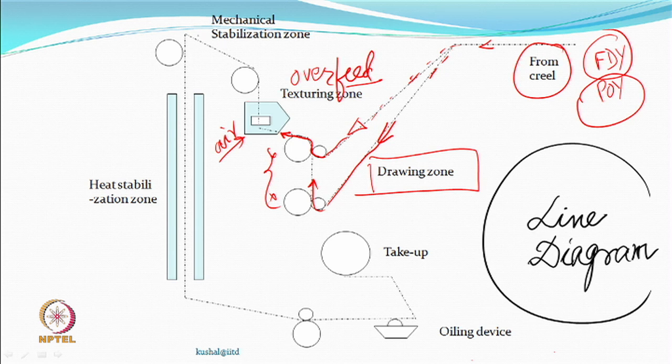After that you see something called a mechanical stabilization zone. After texturing is complete, most of the machines would also have a mechanical stabilization zone. If you remember, we said air jet textured yarn will be a successful, useful yarn if entanglements are good.